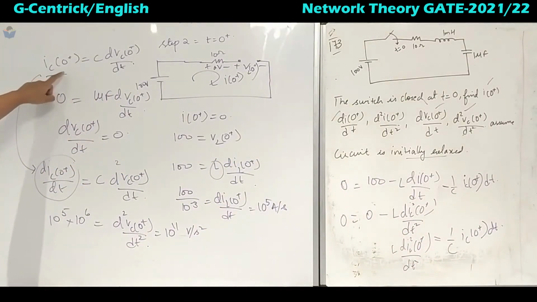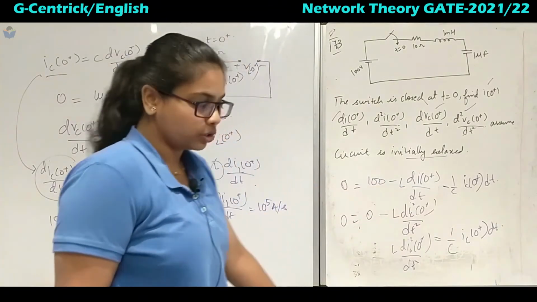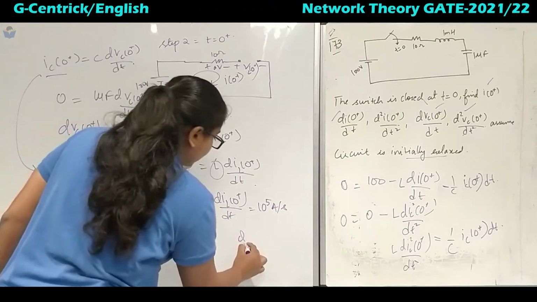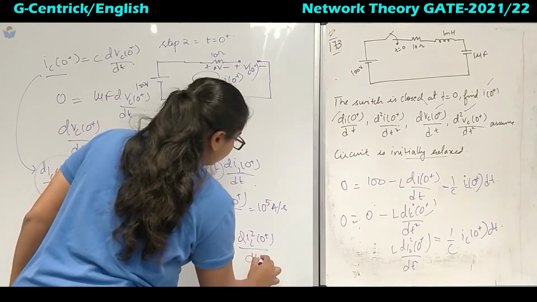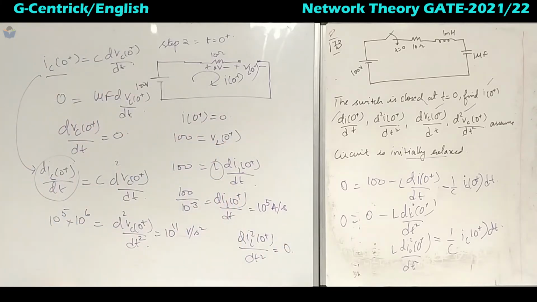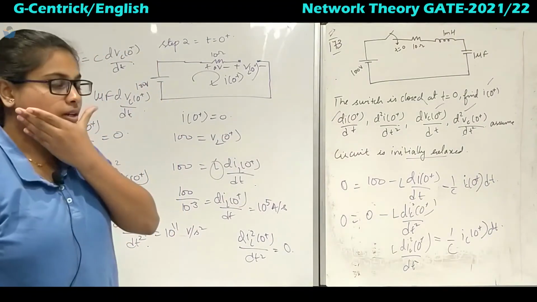IC of 0 plus is nothing but 0, so that whole term will be equal to 0. So we get d square iL of 0 plus by dt square equal to 0. This is the analysis for the second order. Next we will move to the time constant method.